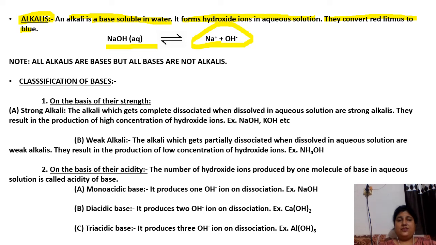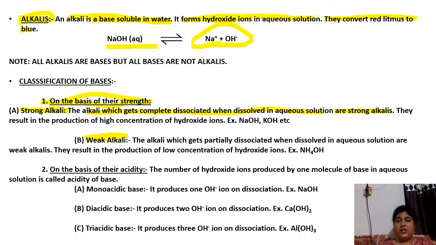On basis of their strength, they are classified in two categories: strong alkali and weak alkali. If the alkali get completely dissociated, means they completely ionize when dissolved in water, then they are known as strong alkalis.